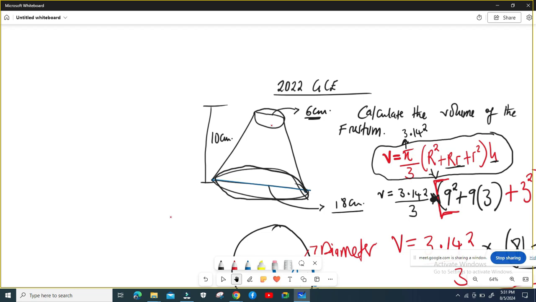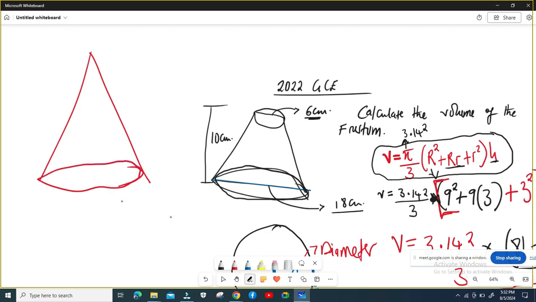How does a cone look? Remember the cone ice cream. I'm just sketching a cone ice cream like that. And then when we cut this cone here, this part we remove. This shape that remains is the one we are going to call a Frustum.